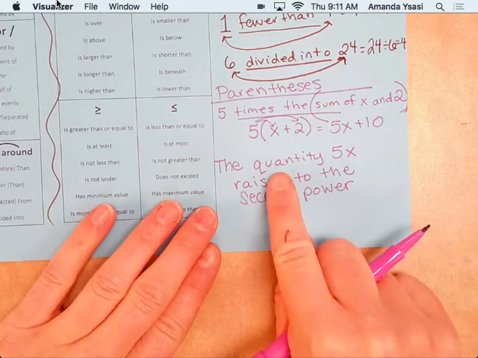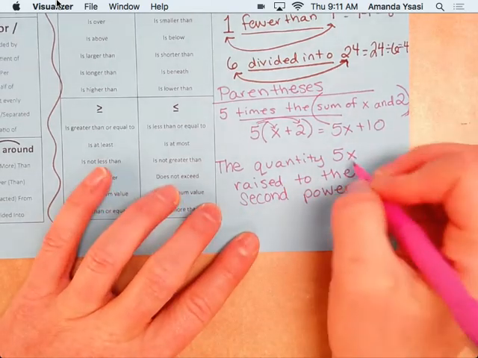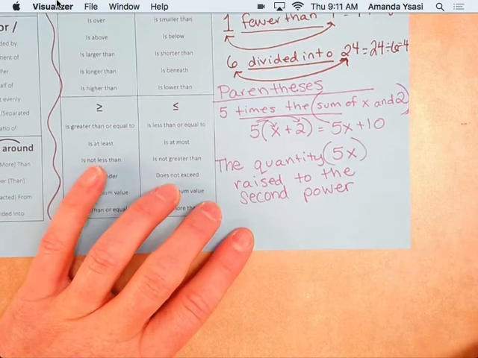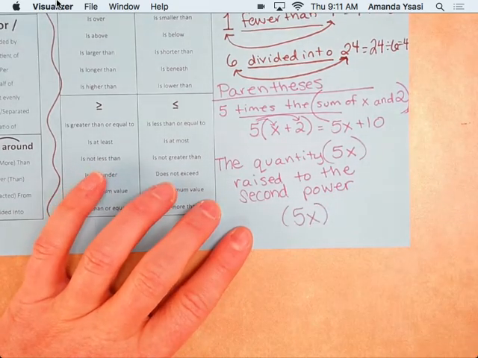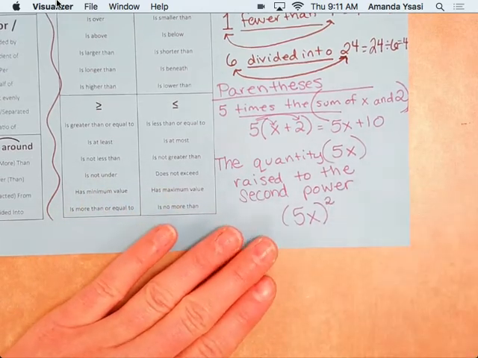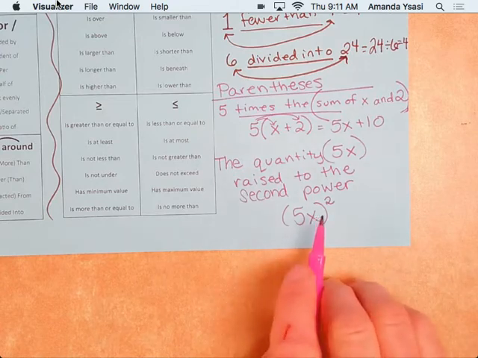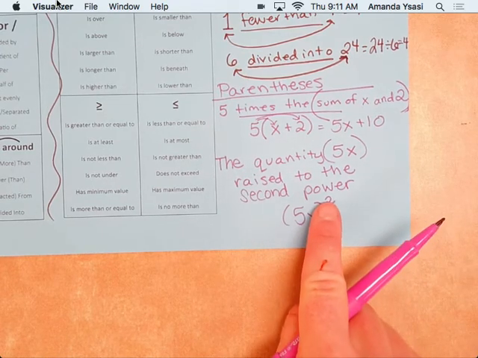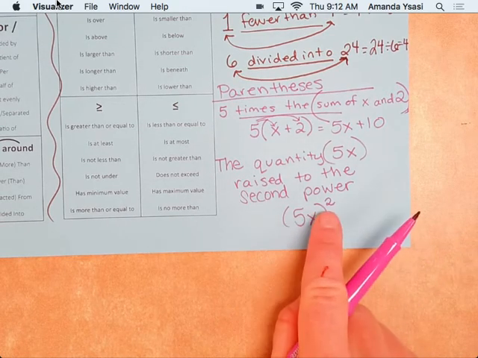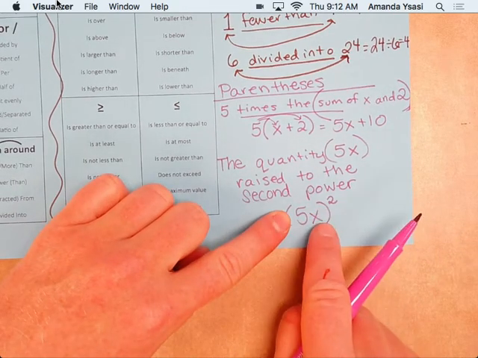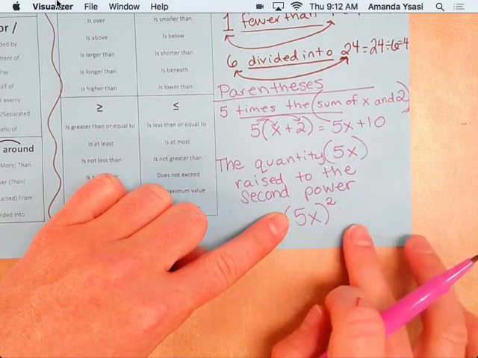So this is saying the quantity 5x is being raised to the second power. So since it says quantity, I'm going to put parentheses around 5x. And I'm going to raise that to the second power. So it's squared. Parentheses are important here too, which you'll learn later on this year. What that really means is 5 raised to the second power and x raised to the second power. But we're going to leave it just like that for now.